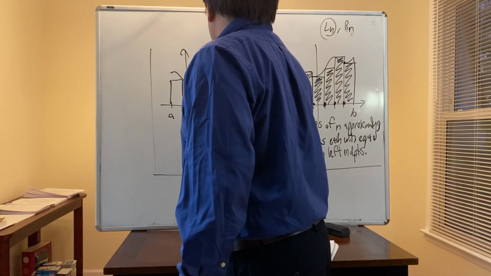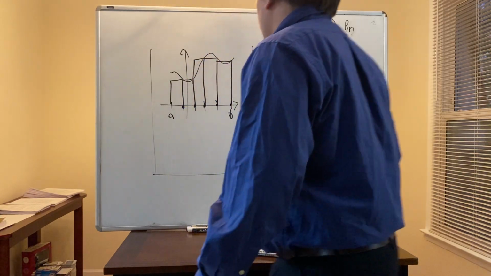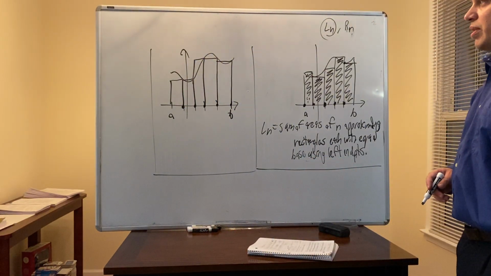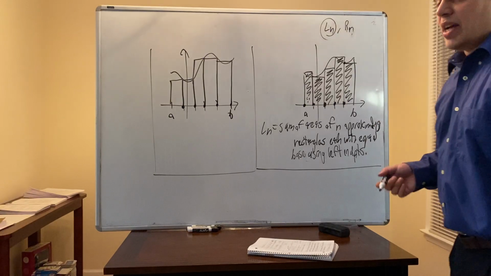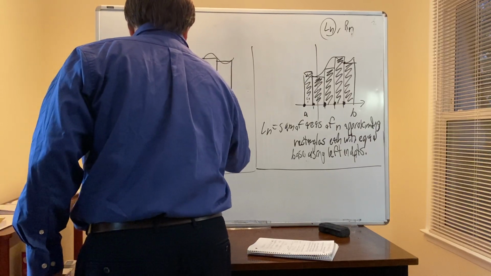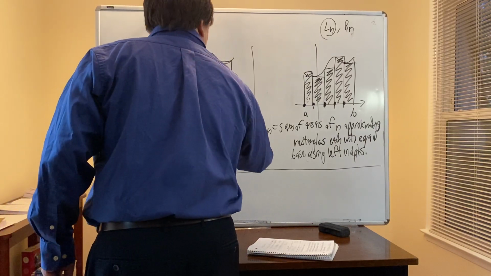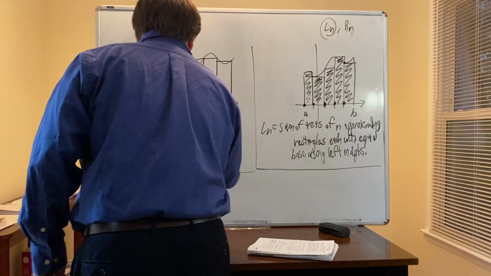And so now, the sum of those 5 approximating rectangles is an approximation to the area under the curve from x equals a to x equals b.